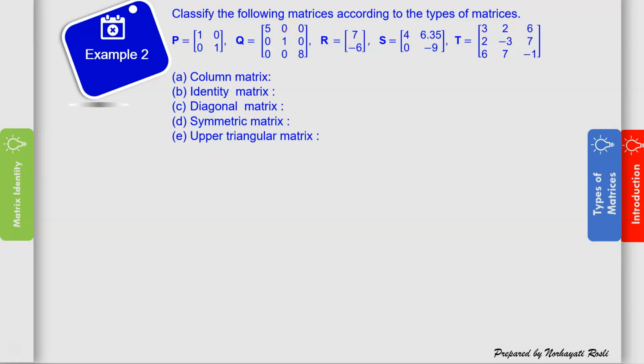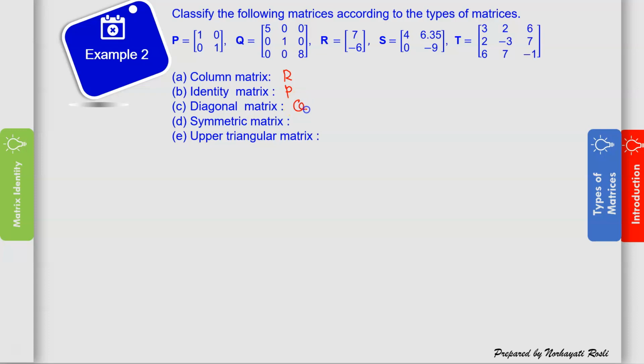And now we go to example 2. We need to classify the following matrices according to the types of matrix. For a column matrix, we can see clearly it is R. Identity matrix, it is P. Diagonal matrix, what does it mean by diagonal? The elements on the main diagonal are present, but the others should be equal to 0.